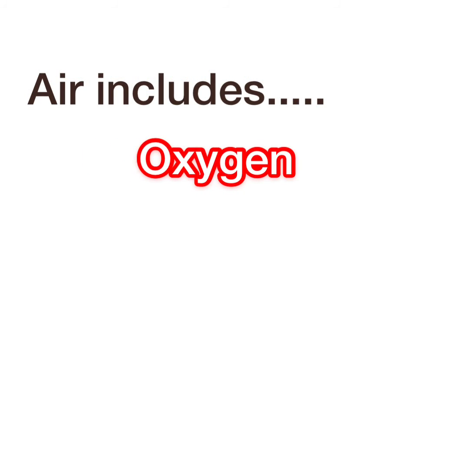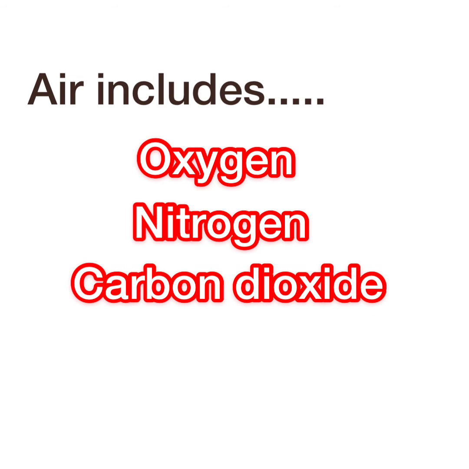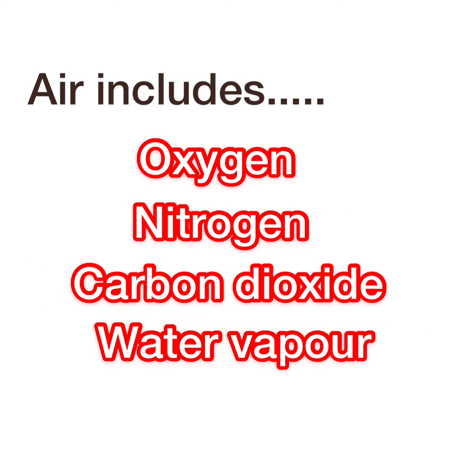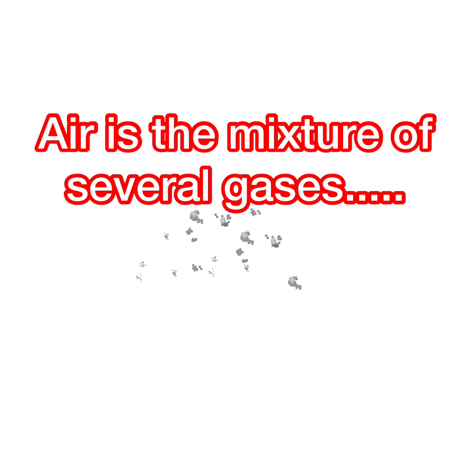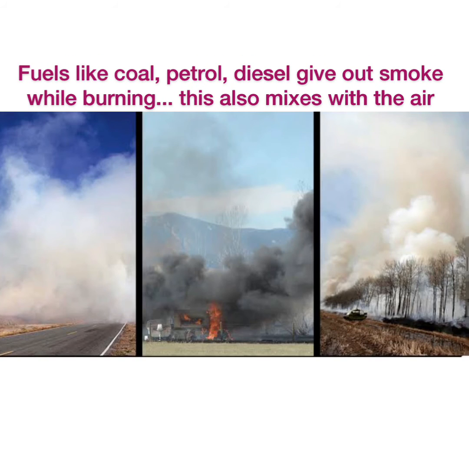Thus we can say air includes oxygen, nitrogen, carbon dioxide and water vapor. They all are included in air. Thus air is the mixture of several gases. Fuels like coal, petrol and diesel give out smoke while burning. This mixes with the air. This can cause ill health for us.